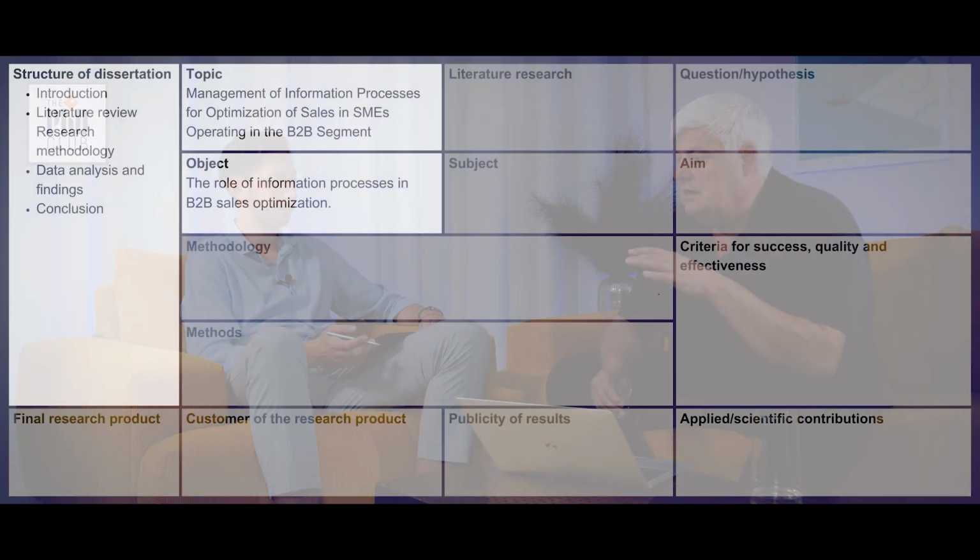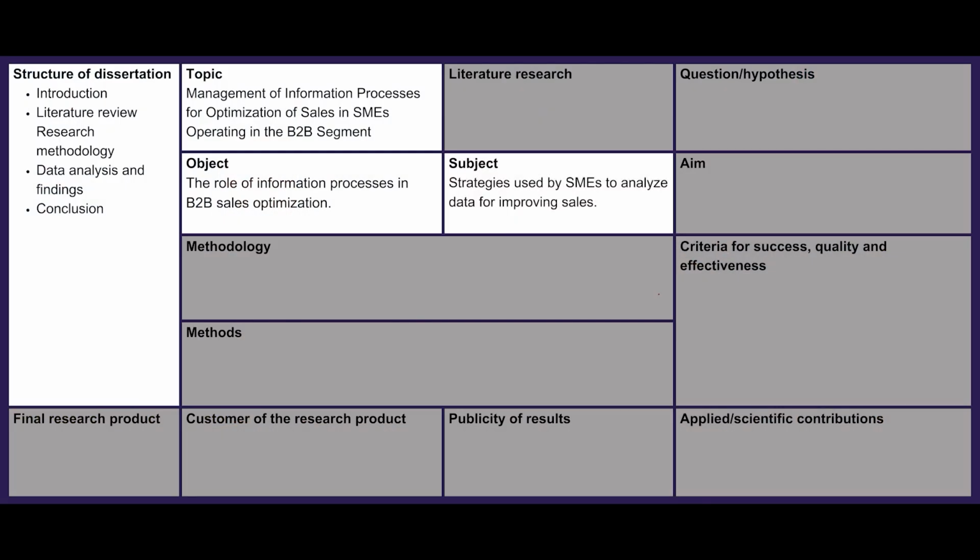Yes. And in his subject, did he try to narrow down the subject, or did he just look at the topic from a different perspective? No, he said the customer of this are the small and medium enterprises, and they use this information processes in their strategies, in their tools, and he wants to analyze the tools in these companies.